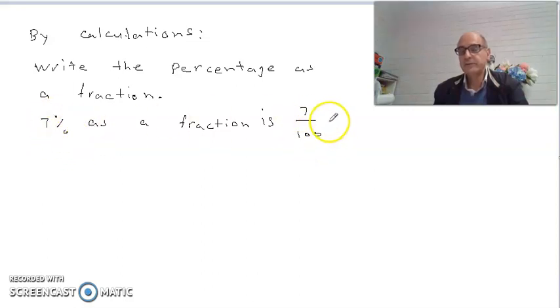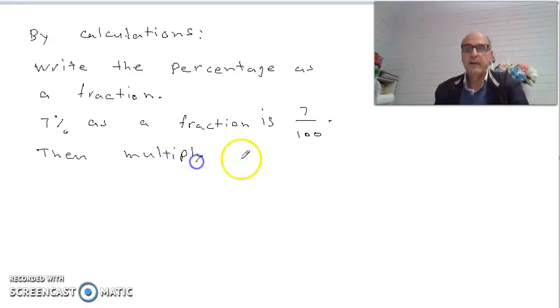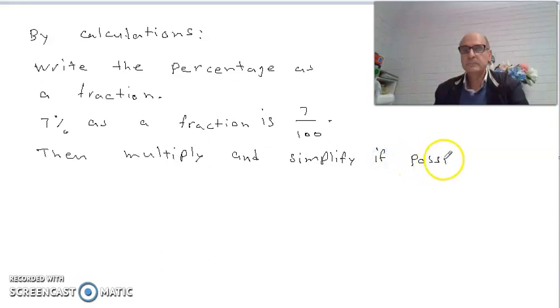So that's as a fraction. Then multiply, like we did before, and simplify if possible.